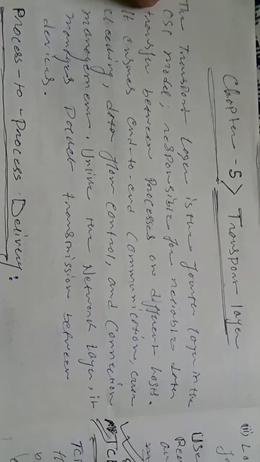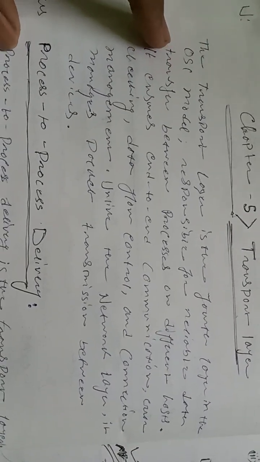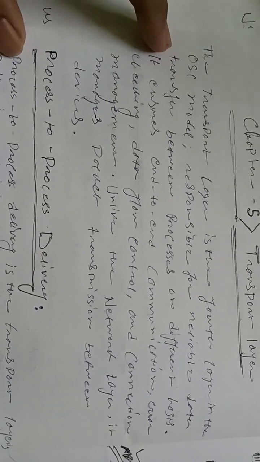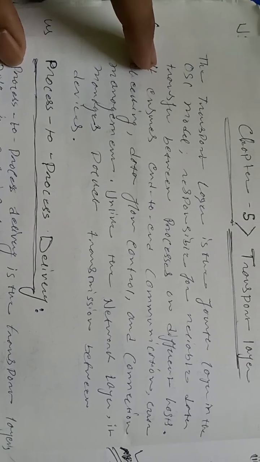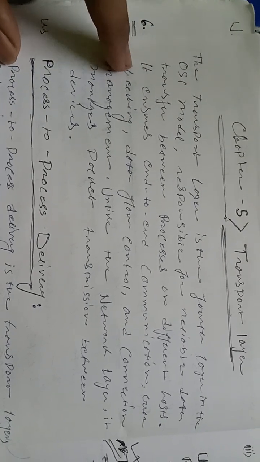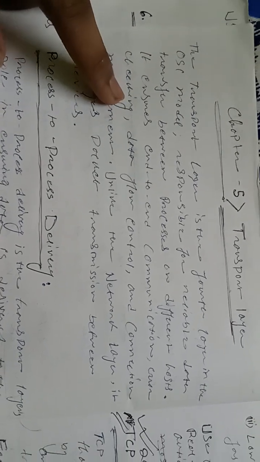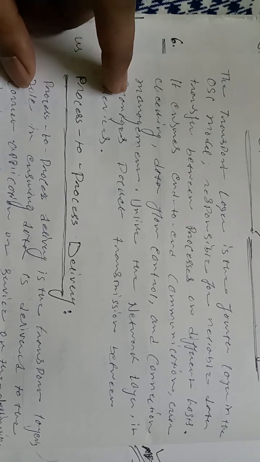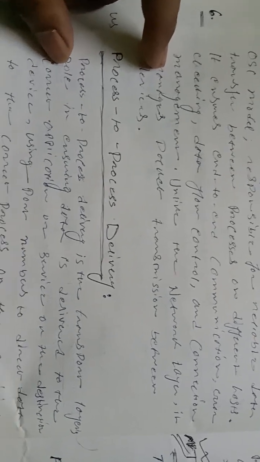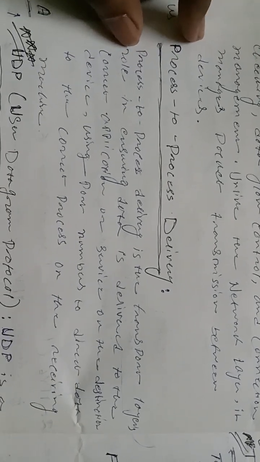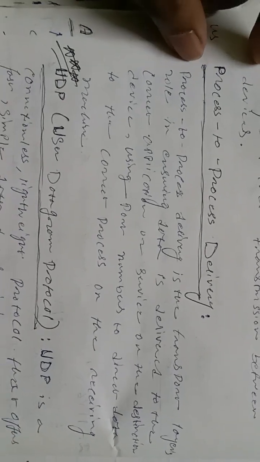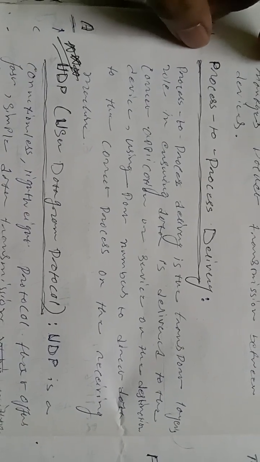Okay. So the transport layer is the fourth layer in the OSI model, responsible for reliable data transfer between the processes on different hosts. It ensures end-to-end communication, error checking, data flow control, and connection management. Unlike the network layer, it manages packet transmission between devices. So let's see process-to-process delivery.